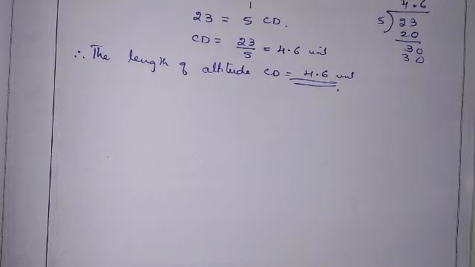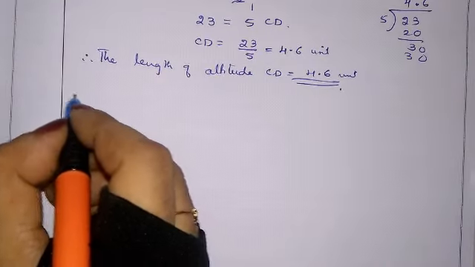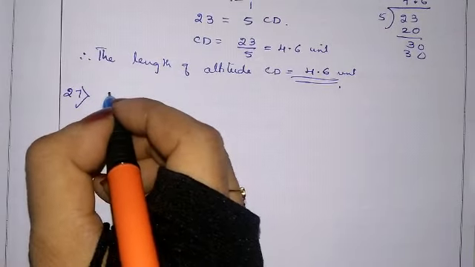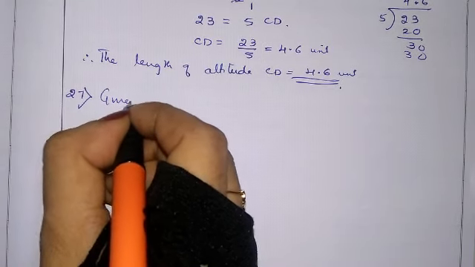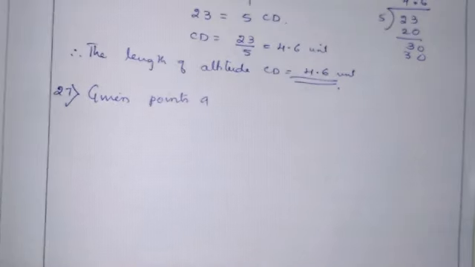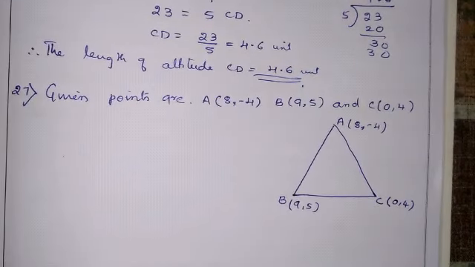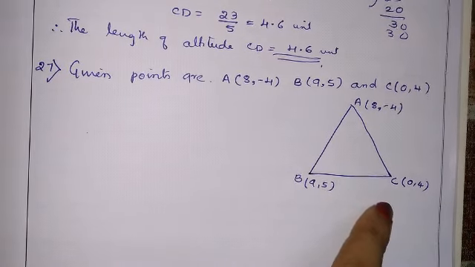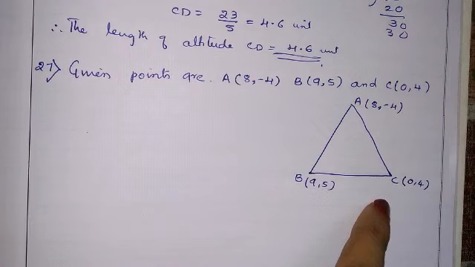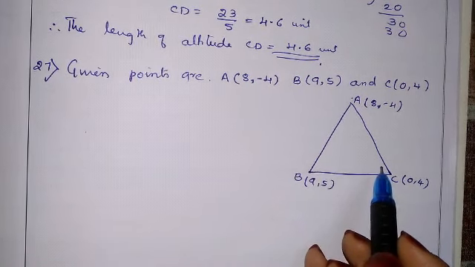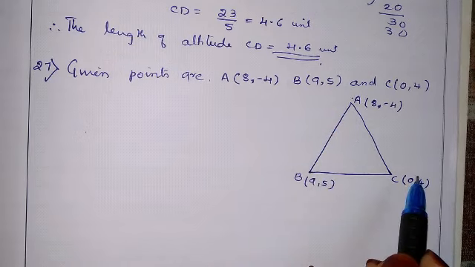We can prove it. So in question number 27, the given points are A, B, C. I have drawn the triangle here and I have written A, B and C. Now they have told us to show that this triangle is an isosceles triangle.